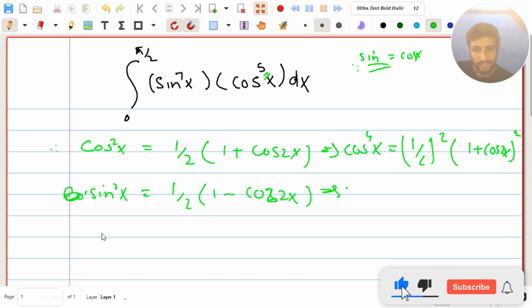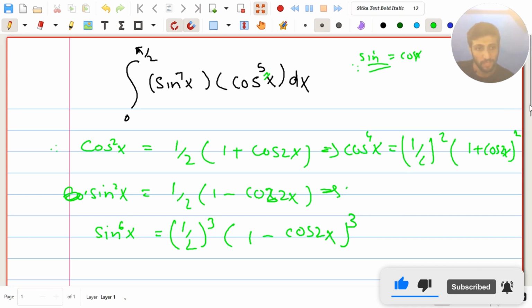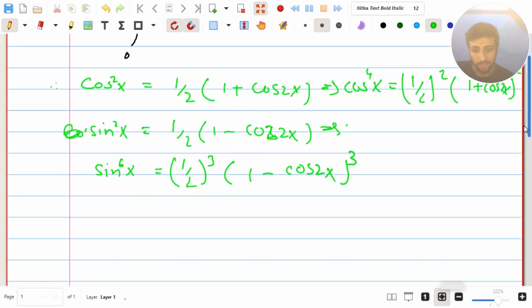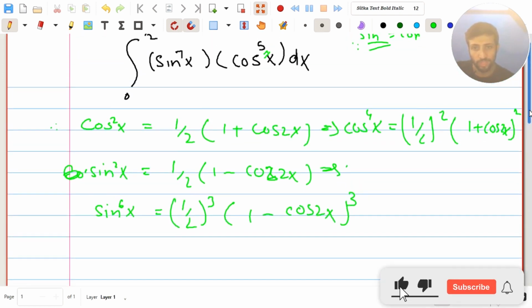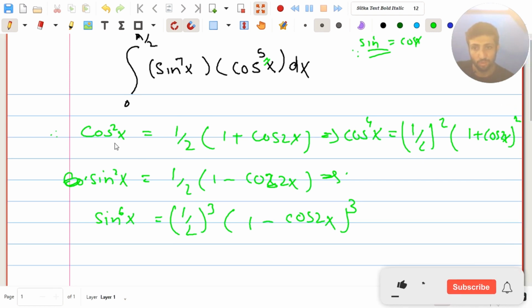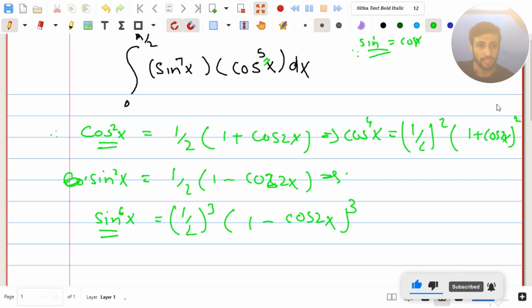So sin 6x equals (1 over 2) cubed times (1 minus cos 2x) whole cubed. Now this is really simple. What you need to do is just plug in the values of cos squared x and sin squared x, that is sin 6x and cos 4x.